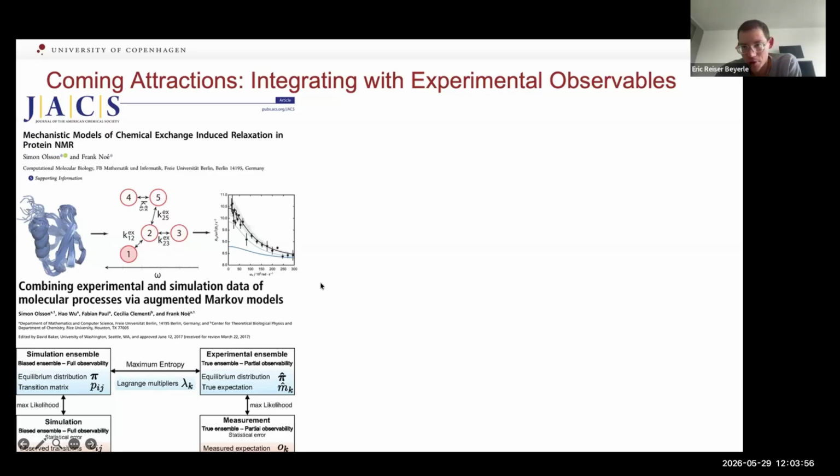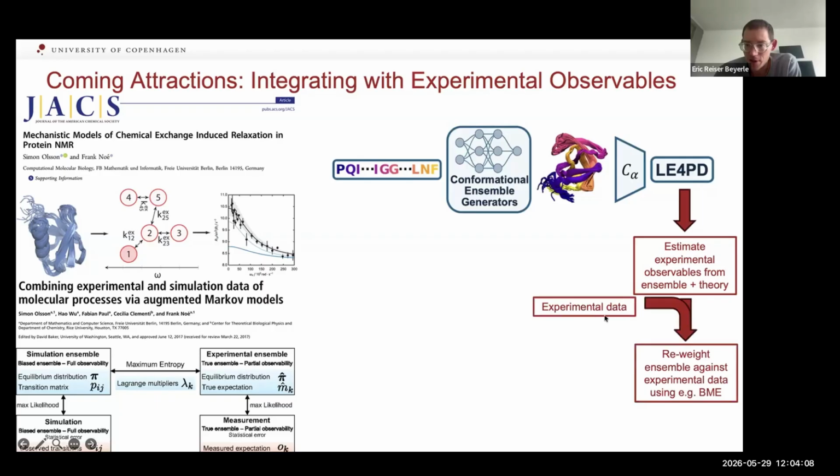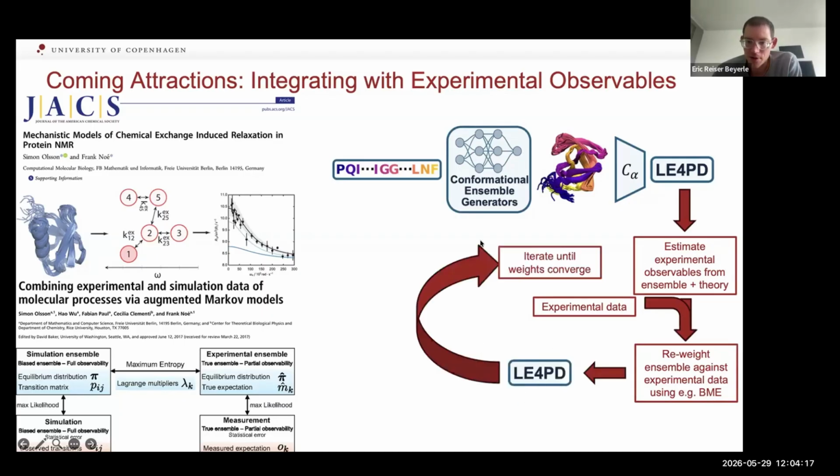But we have a Langevin equation, so we have a continuous kinetic model where we can use the same pipeline we had before. We can estimate experimental observables like chemical shifts from the ML ensemble plus this Langevin theory. Then we take experimental data and reweight the ensemble against it using something like a Bayesian maximum entropy approach. We recalculate these potentials of mean force, and then we can iterate until the weights converge.